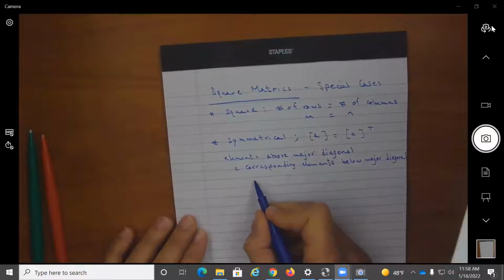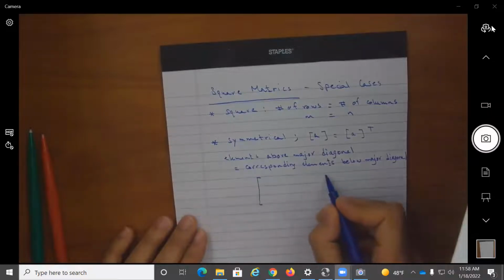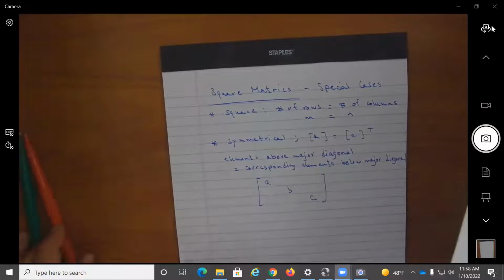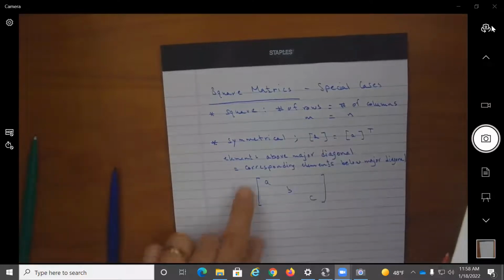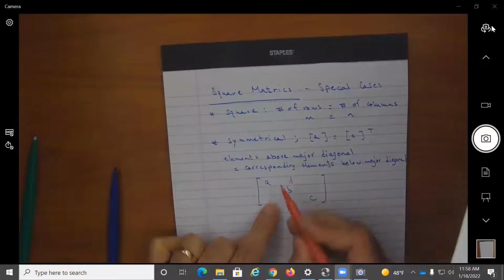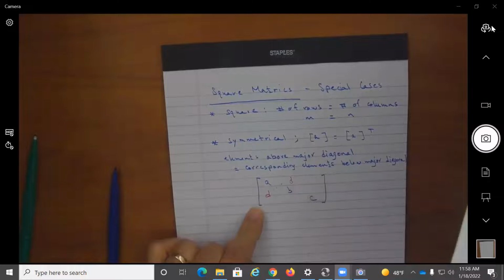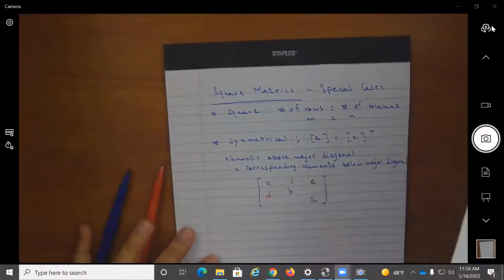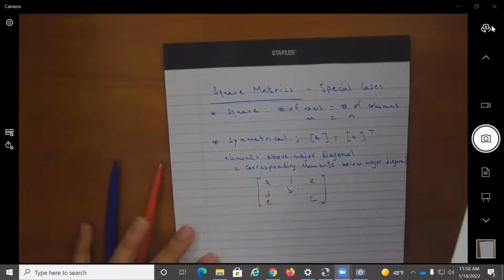Okay, so if I take an example here, if I have a matrix and the major diagonal is A, B, C, then above the major diagonal, if I have here a D, the corresponding element would also be a D. If I have here an E below the major diagonal, I will get an E here.